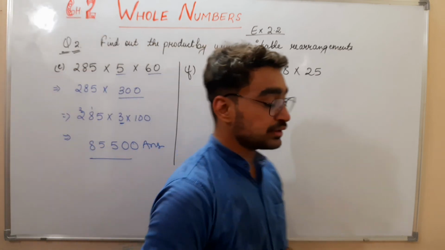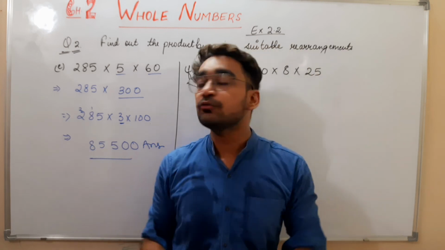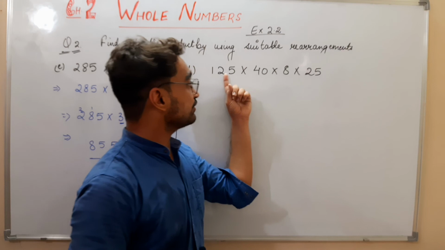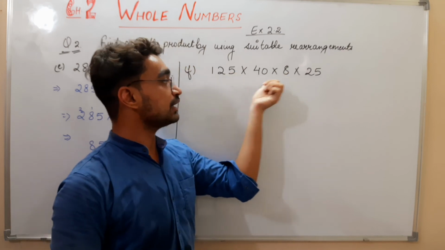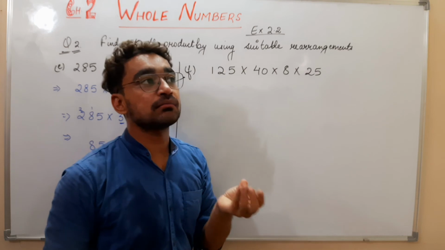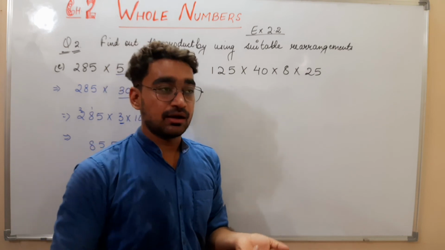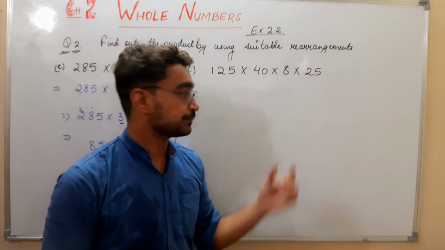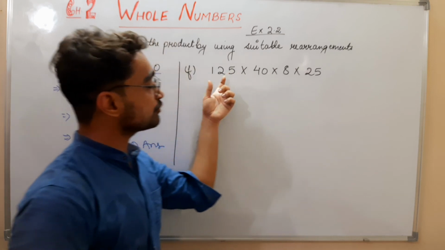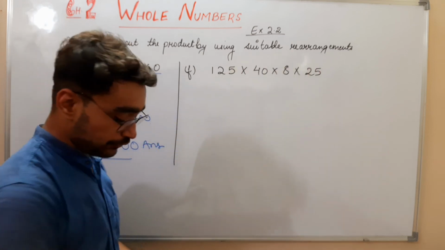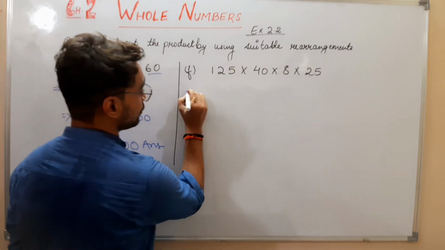Usually the numbers up to grade 6 come in such a way that the first number should be multiplied by the third number, and the second number should be multiplied by the fourth number. It is just my trick, which is almost 95% true in all cases. If you are following that, that also is okay.